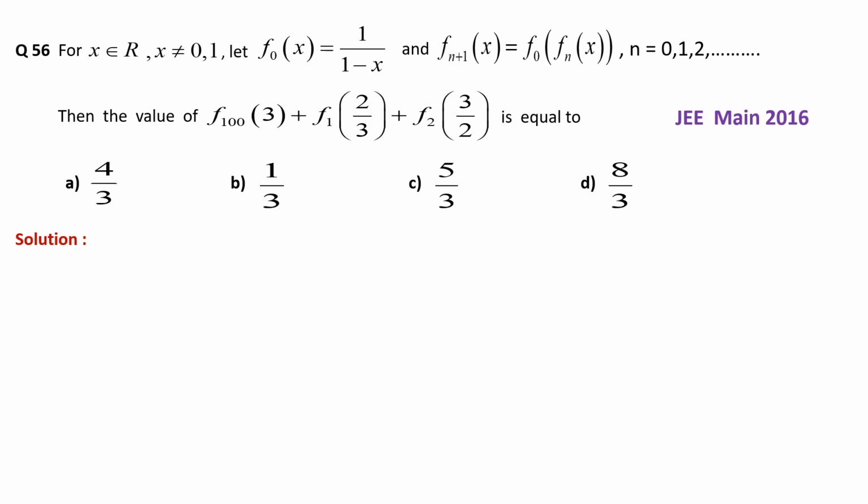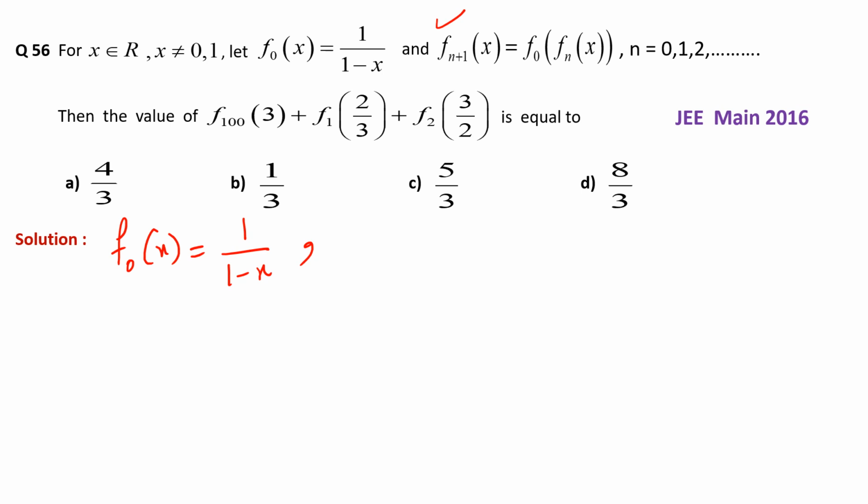Now students, we have been given the function f0 of x equal to 1 upon 1 minus x. We also have the relation between fn plus 1 of x and fn of x.